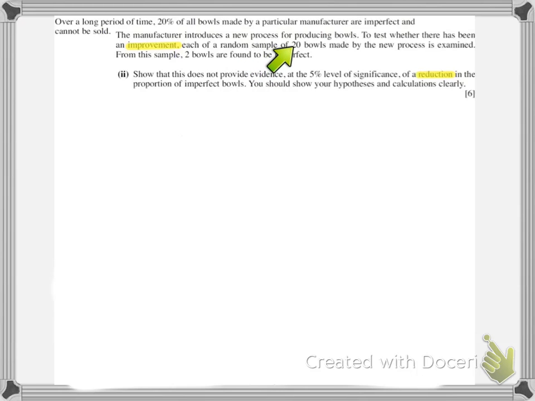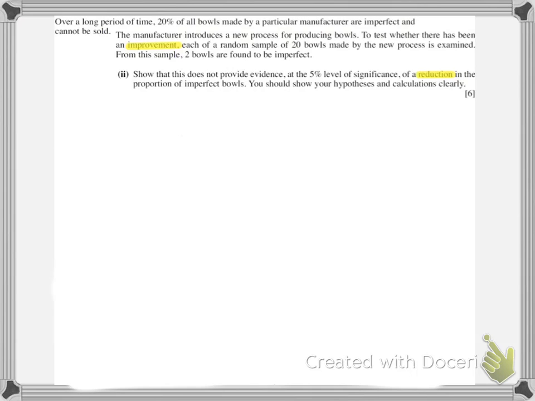We've now got a random sample of 20, so instead of using n is 10, I'm now going to have n is 20. Now, looking at the wording in the question, they're talking about making an improvement, so this is suggesting a one-tail test. They're not saying the process has changed the proportion of faulty bowls, where it could have changed to be a greater proportion or a smaller proportion.